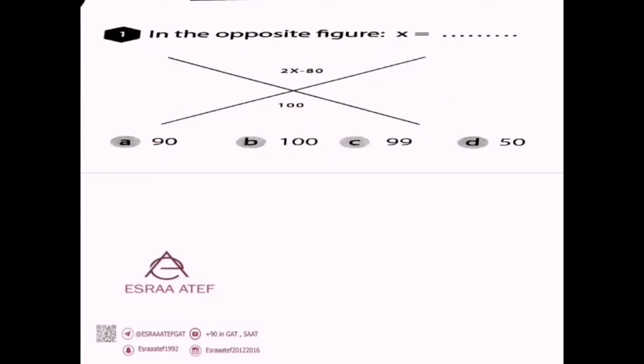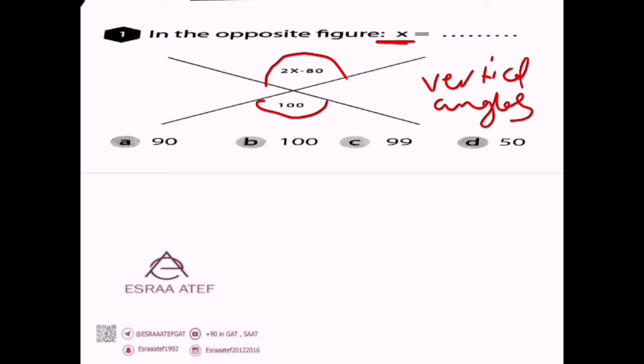Next one, here we have this one and we want to get x. How can we get it? This one and this one are equal to each other because they are vertical angles. What's the meaning of vertical angles? That they are equal to each other. So 2x minus 80 equals 100.